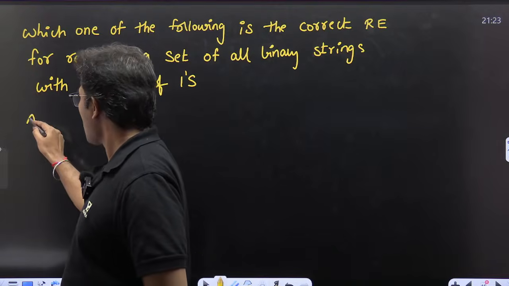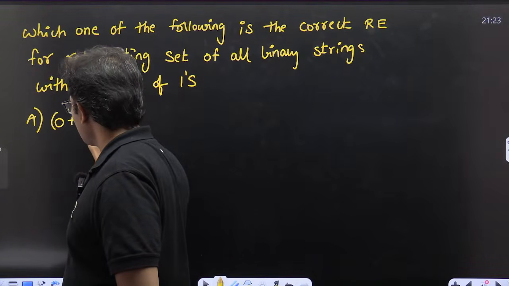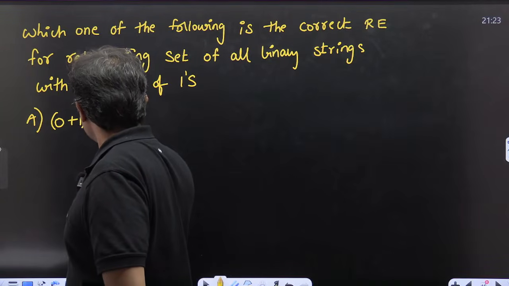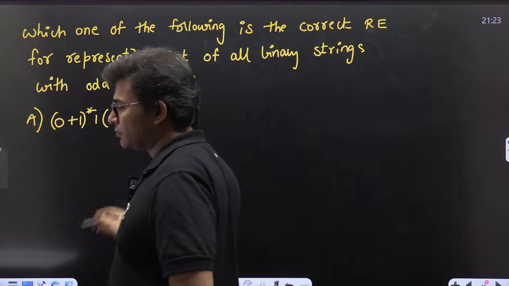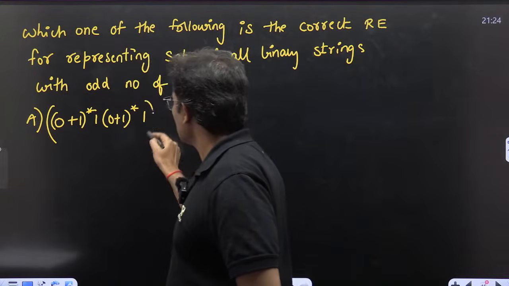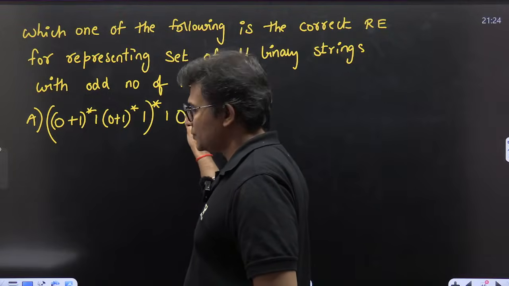A: 0 plus 1 star, 1 0 plus 1 star 1, whole star, 1 0 star.